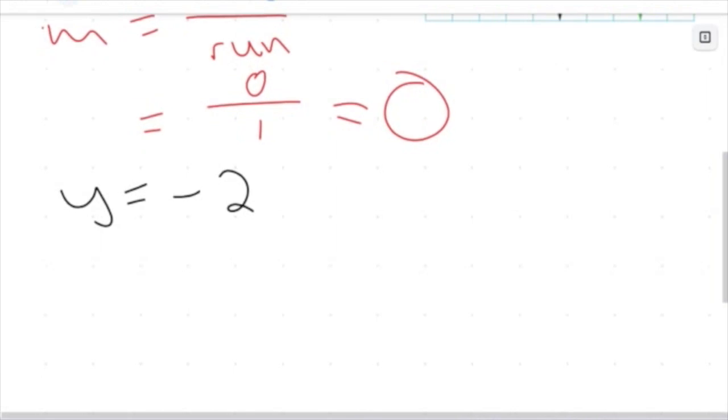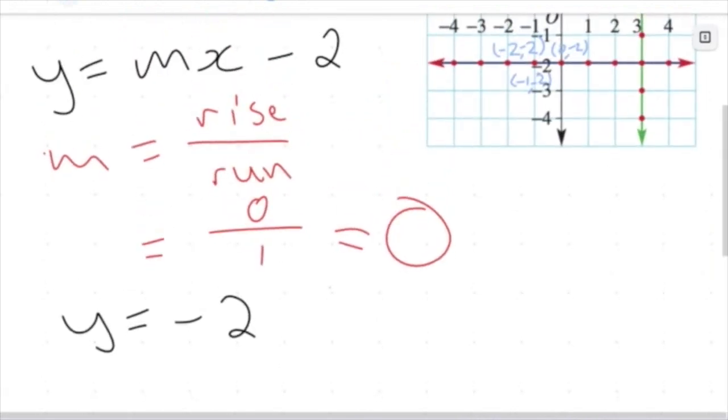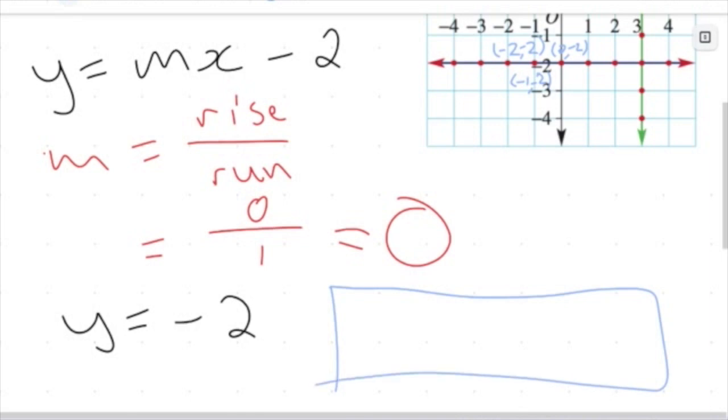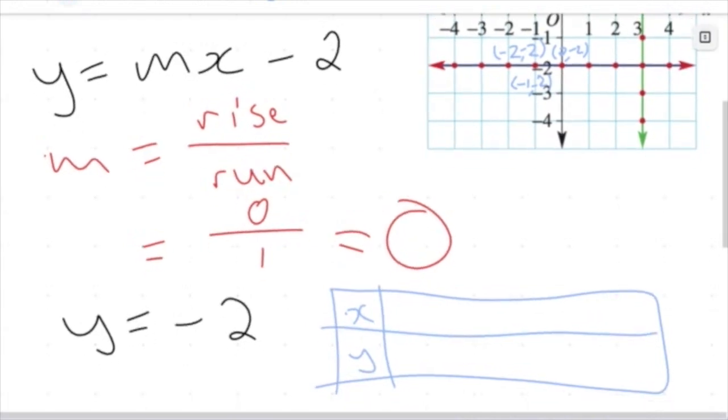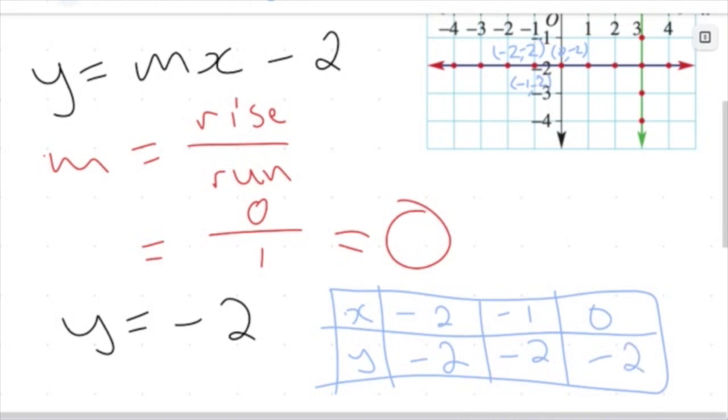Let's make a table of values here using these points. So I have x, I have y. My x coordinates are going to run from -2 to -1 to 0. And my y points are going to run from -2 to -2 to -2.